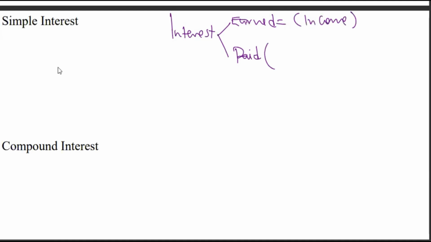The one that you pay over a loan, over a car, over a house, becomes an expense, which is a cost. That is when you take a loan. You start earning it when you make an investment, when you invest.